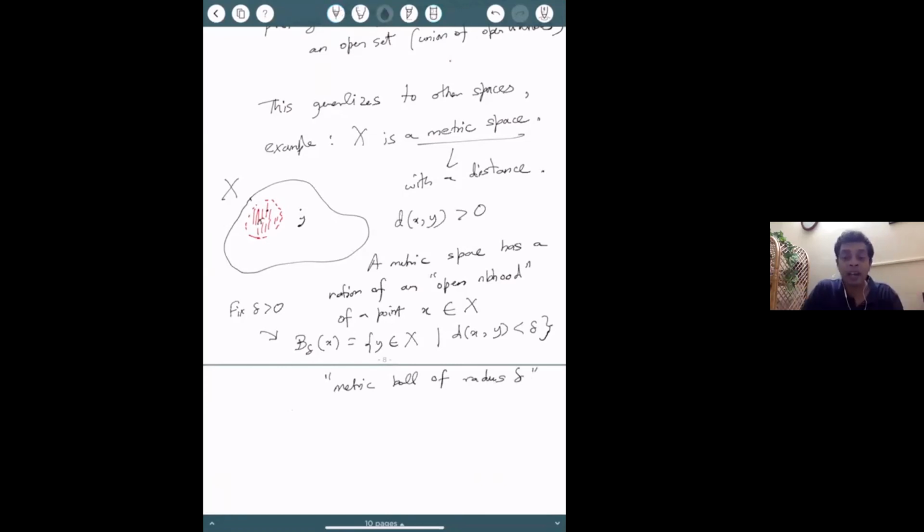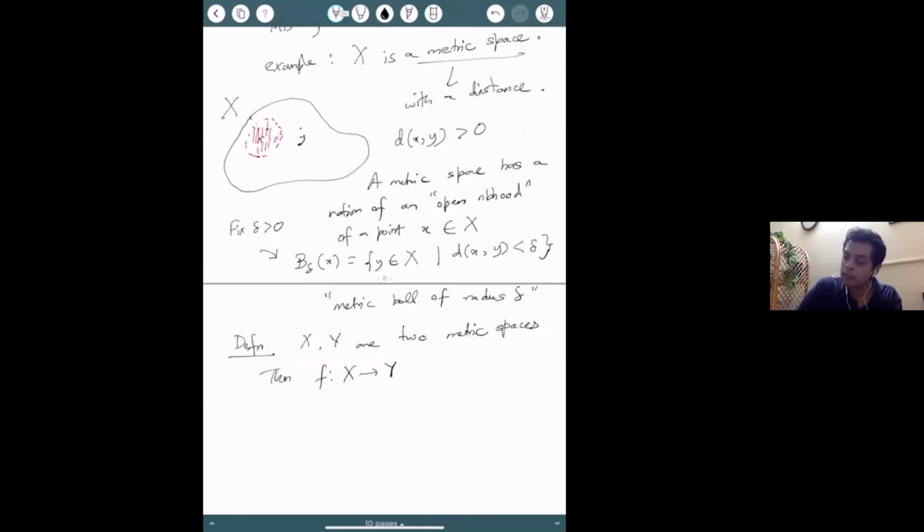Then the same definition of continuity works between metric spaces. So let me write down the definition. If X and Y are two metric spaces, sets with some notion of a distance between points, then f from X to Y is said to be continuous.